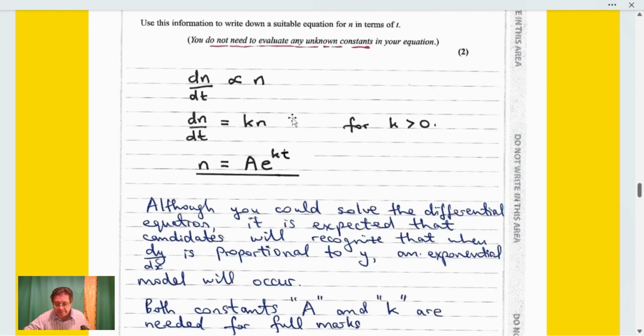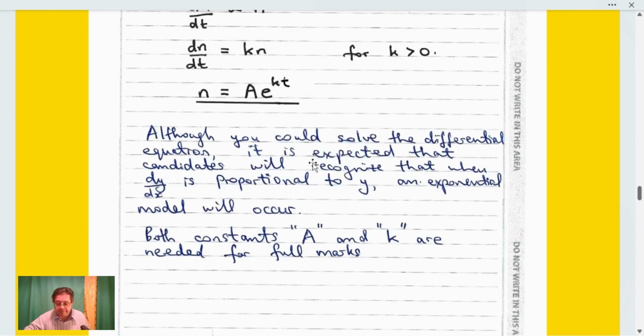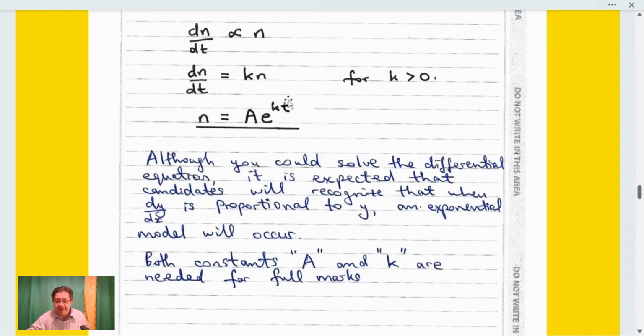We have no information. You could have done this by solving the differential equation, but in fact, you don't need to do that. You are allowed to recognize in these questions that it will be an exponential model. You need to have both the constants A and k in here for full marks. So worth only 2 marks.